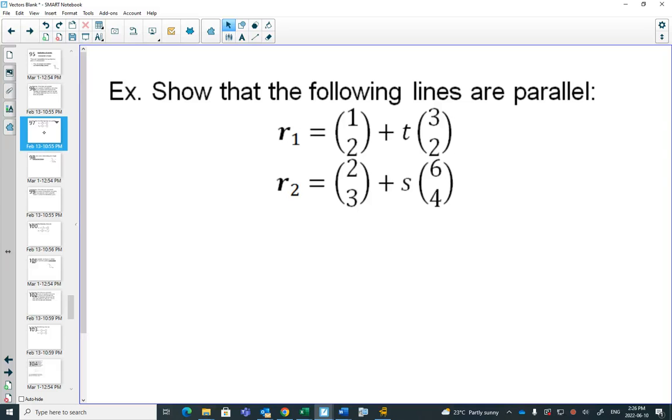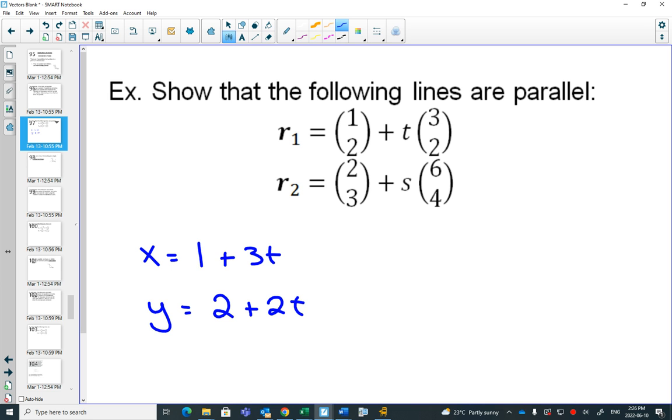So when we look at the parametric equations here, for one equation we would have x equals 1 plus 3t and y equals 2 plus 2t. And for the second equation you would have x equals 2 plus 6s and y is equal to 3 plus 4s.